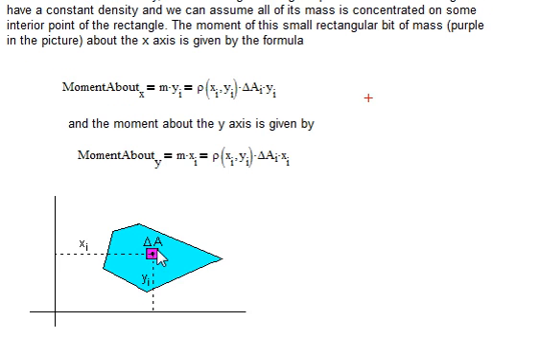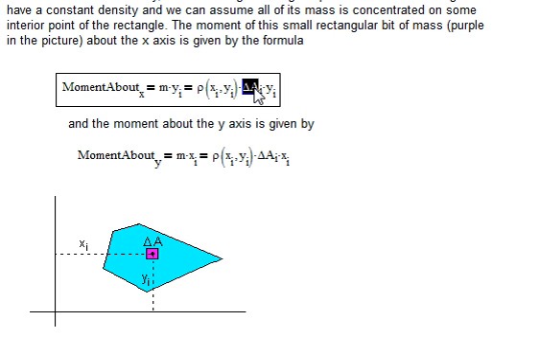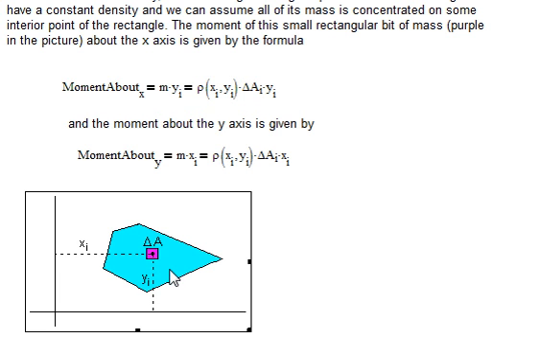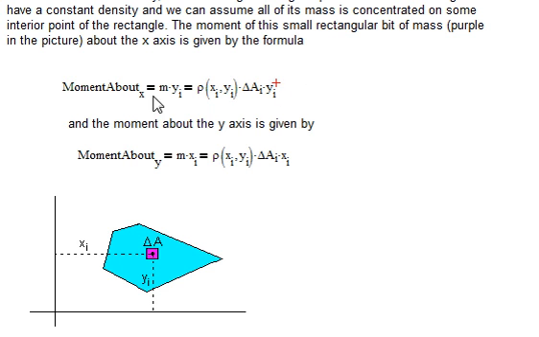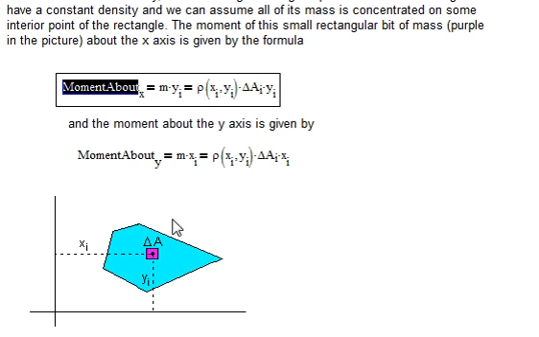We're finding the moment of this rectangular piece about the x-axis, and that moment would be the weight of this piece, which would be the density times its area, times the distance the object is from the x-axis, and that's the y sub i. So the moment of that particular rectangle is given by this.